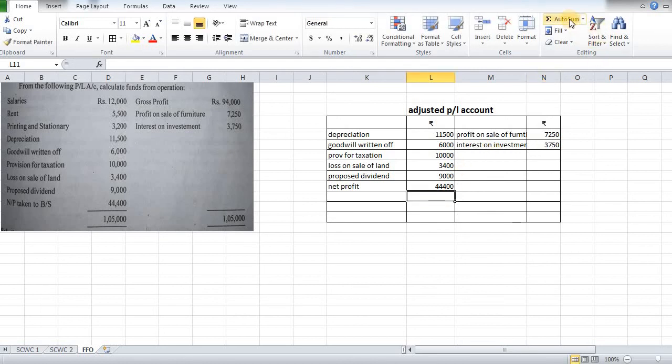Now we will find the total. On the credit side we can see that the value is very less, so the balancing figure will be the funds from operation. The balancing figure will be 73,300.